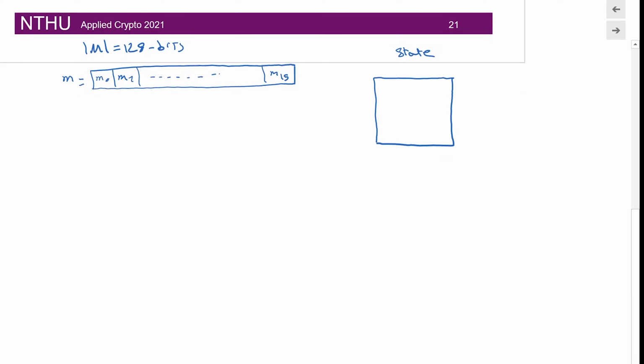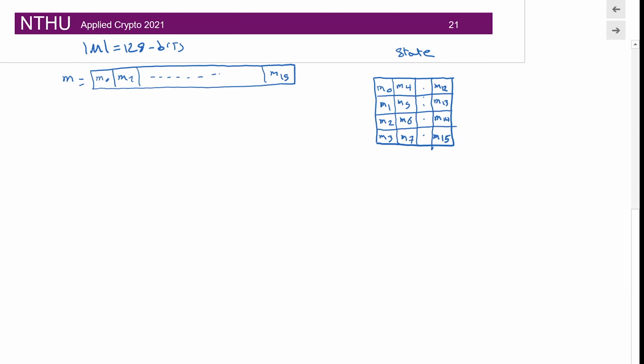We start to put our message into the state as follows: M0, M1, M2, and M3, and I will continue with M4, M5, M6, M7, all the way to M15.